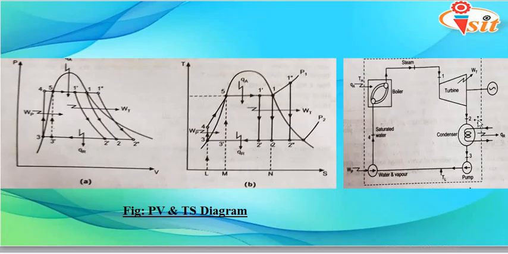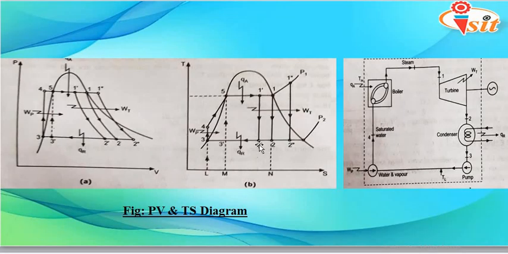Now if we move on to the second process, that is process 2 to 3, as we have already discussed, the heat exchange process takes place. This process is also called isobaric heat rejection. Here we can see process 2 to 3 is called an isobaric process since the line is perpendicular to the pressure axis.